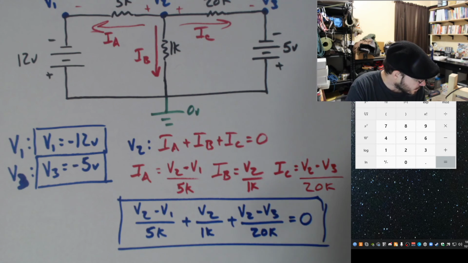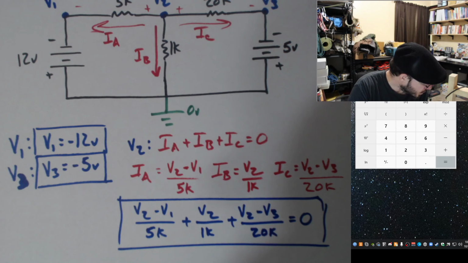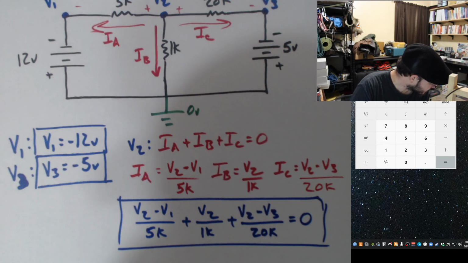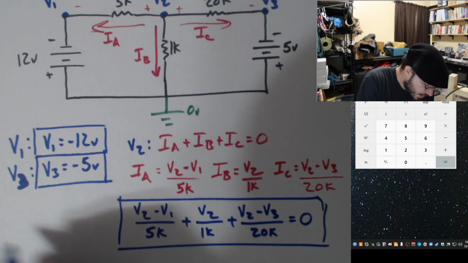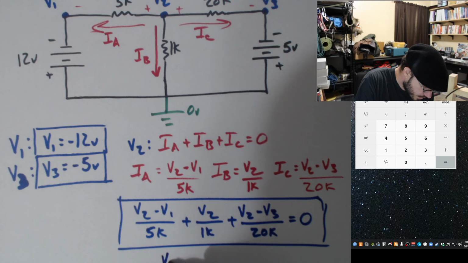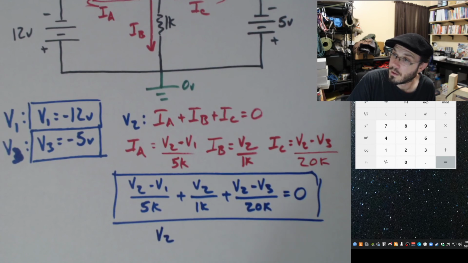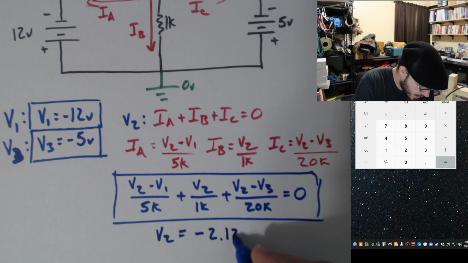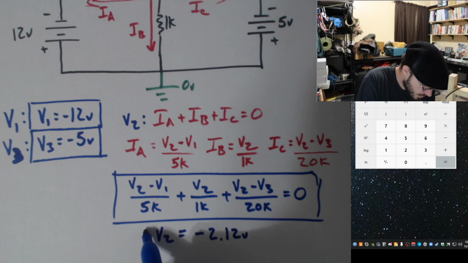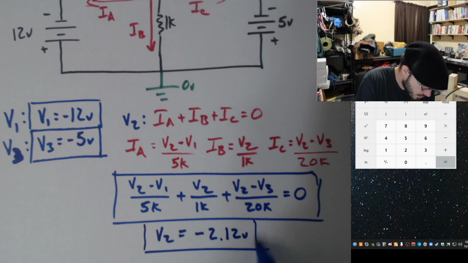And go ahead and solve for V2. Well, V2 ends up being equal to minus 2.12 volts.